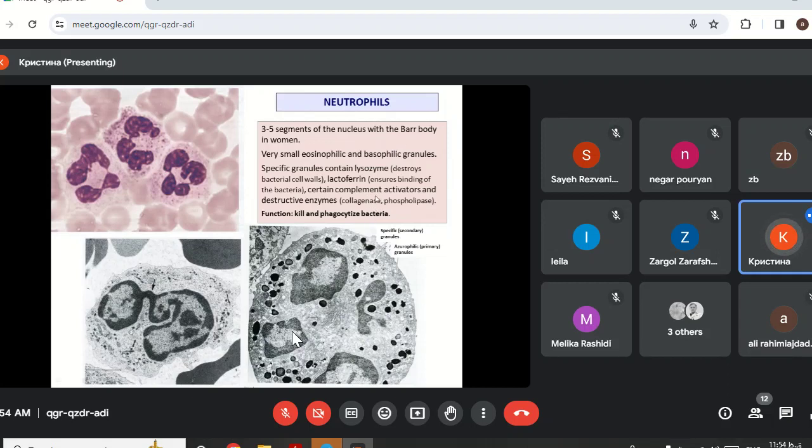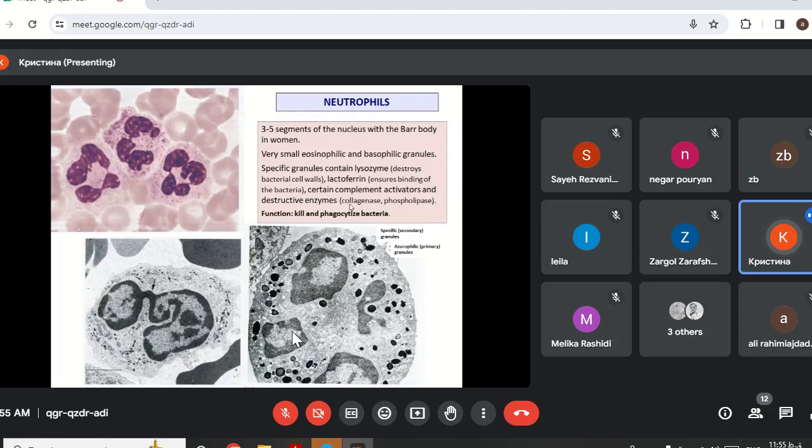The enzyme which ends in -ase serves to break down what is before -ase. So collagenase will break down collagen. Phospholipase will break down phospholipids. Collagenase helps to get through the basement membrane of the blood vessel.